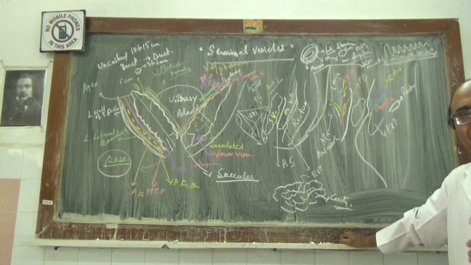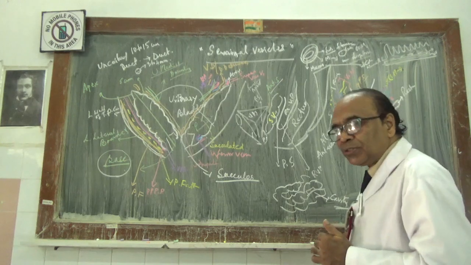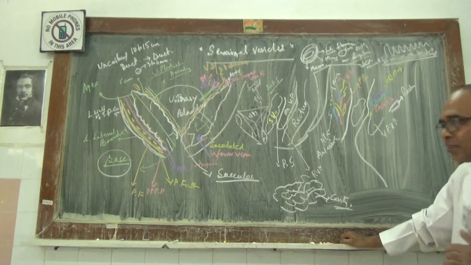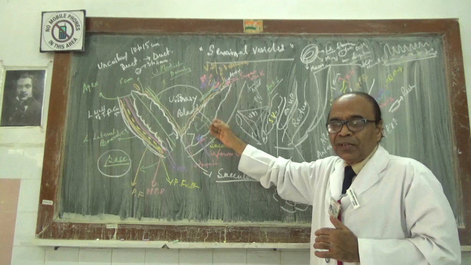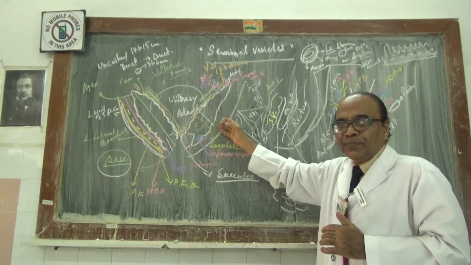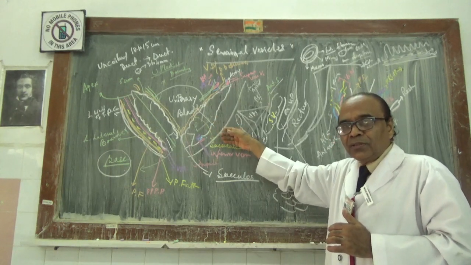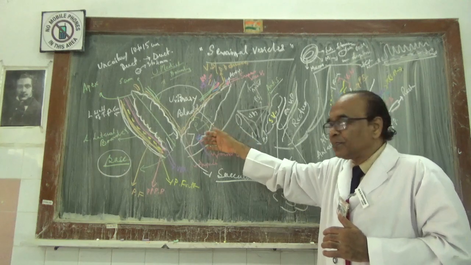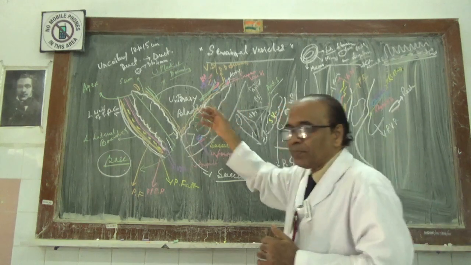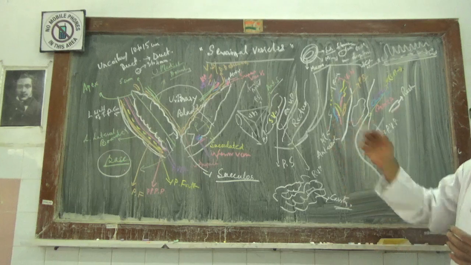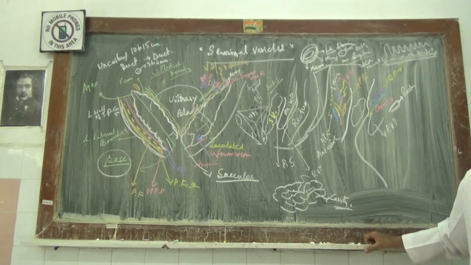Those are the seminal vesicular plexuses of nerves, at the inferior hypogastric, at the level of the sacrum, third, fourth level, it will be supplied. So it is an autonomic nervous system.